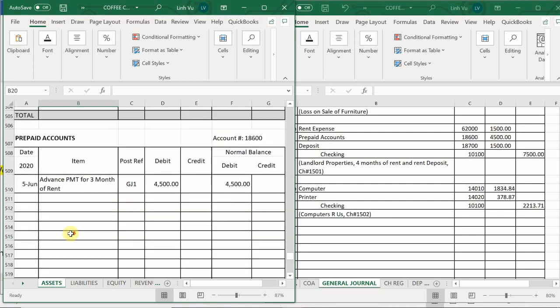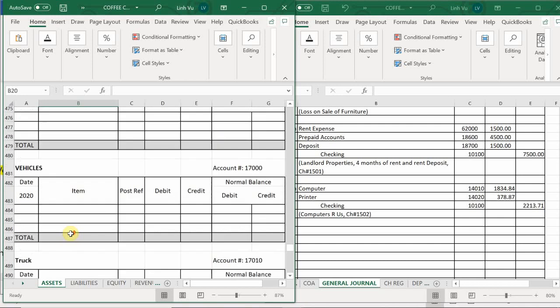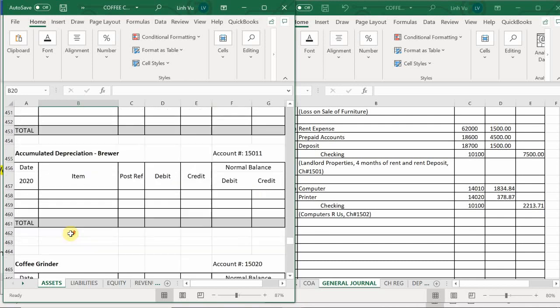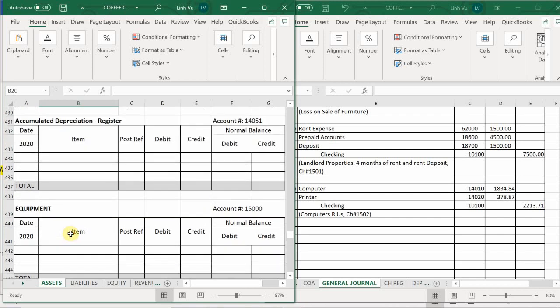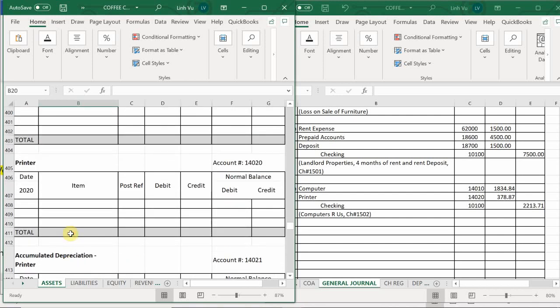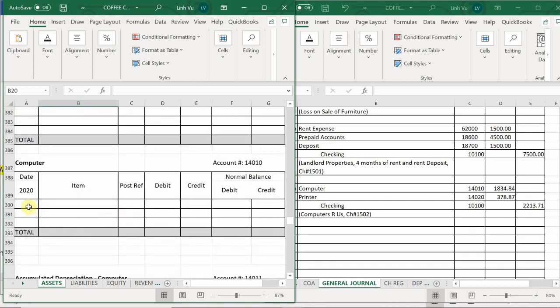Yes, I know, I'm looking for it too right now. There you go. Here is my computer. Oh, that's my printer. One more. Computer. All right. So in this case, I'm going to write in my date here, June 5th.